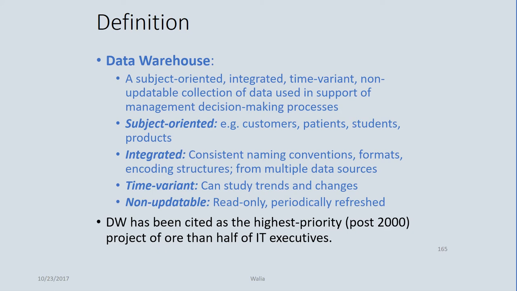Now, what does a data warehouse do? It combines all this information together, all the information about a subject, so I can see the whole view of contact with that particular subject.